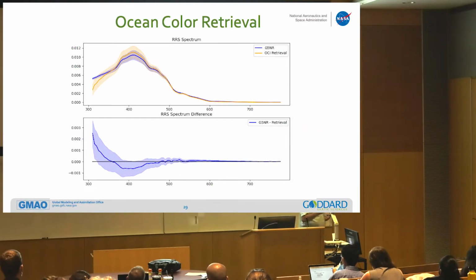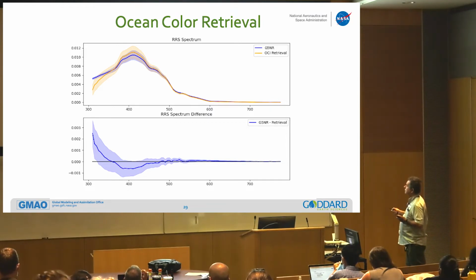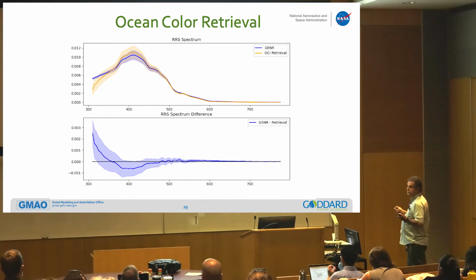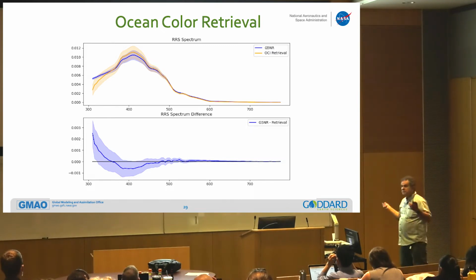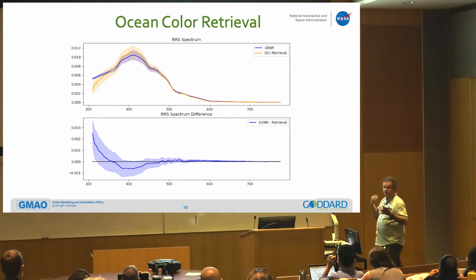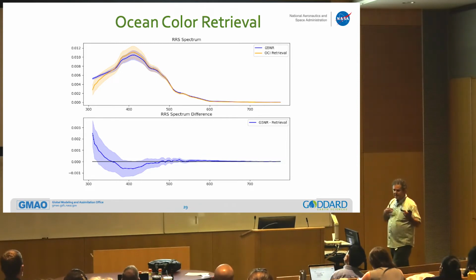Here's another example, just the spectra, right? Here is the ground truth they put from the model, and here is the OSI reflectance. The spectral shape is very realistic. There are places where it overestimates, other places underestimates. The reasons for that are part of the algorithm development: understanding what your assumptions are, what's affecting the discrepancy.